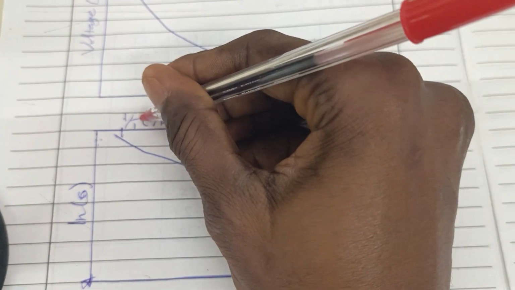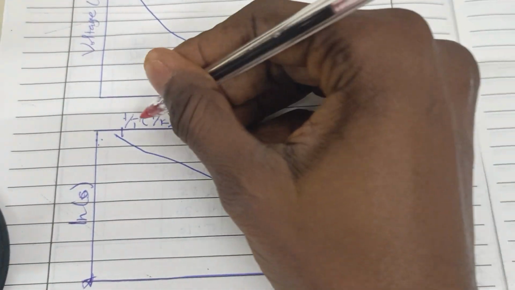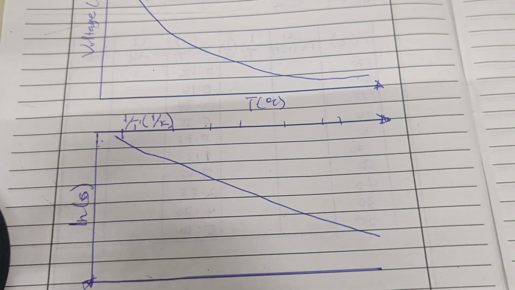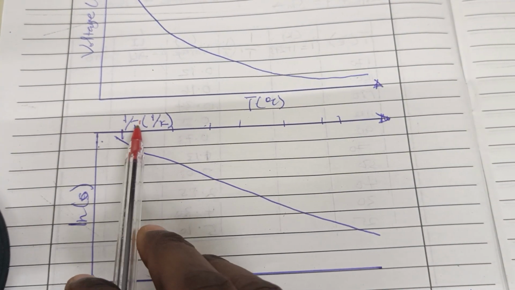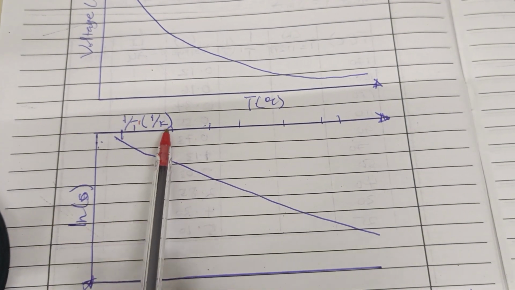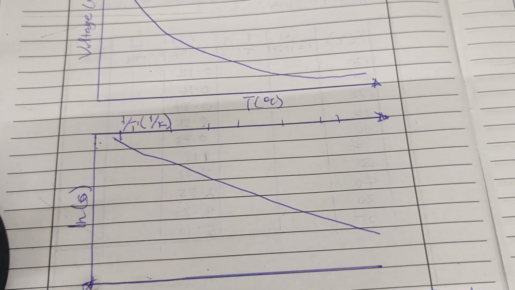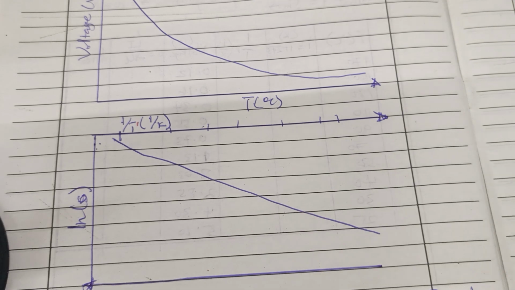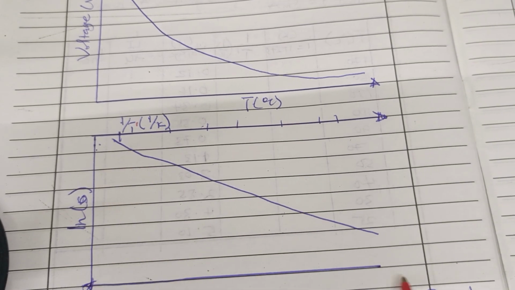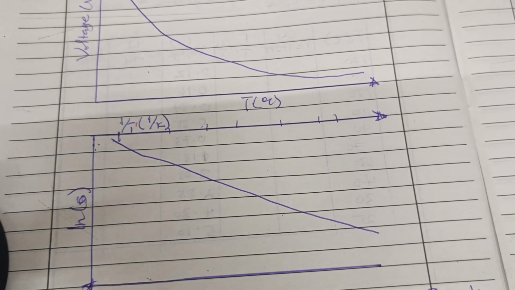Let me put a prime here so that you know that this temperature is in Kelvin. So if you check the unit here, it's 1 over Kelvin. So we plot the ln, which is the last column on the table, against this, and we have a straight line like this.